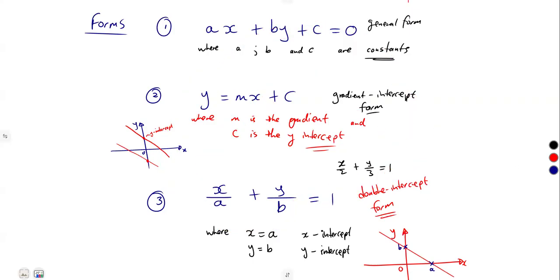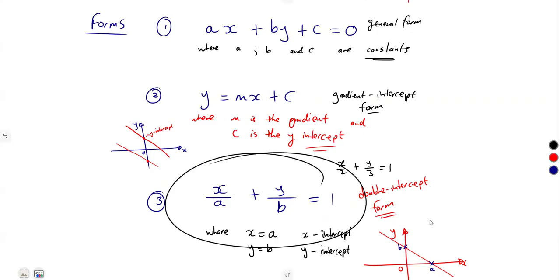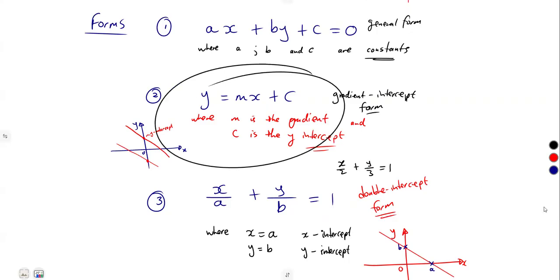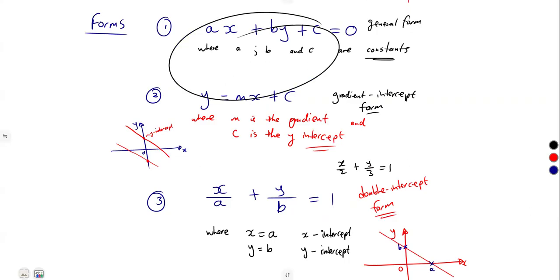They can ask you to find the equation of a straight line and have it in this form, in this form, in this form. All right? But if you are not told about the format, you write in any way that you want.